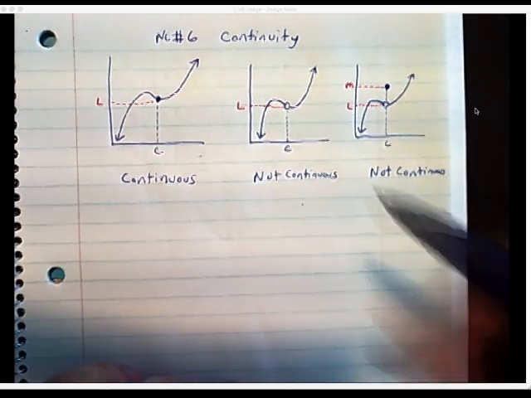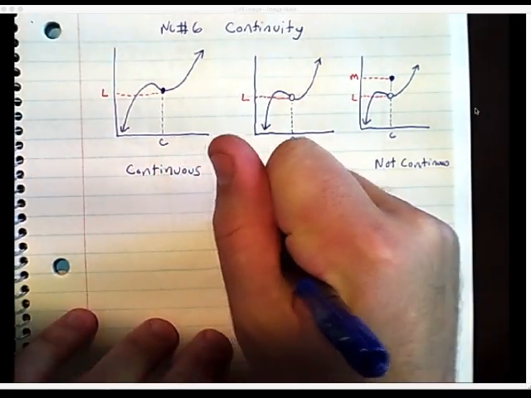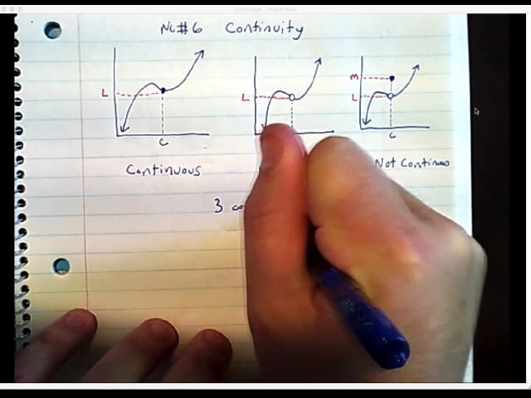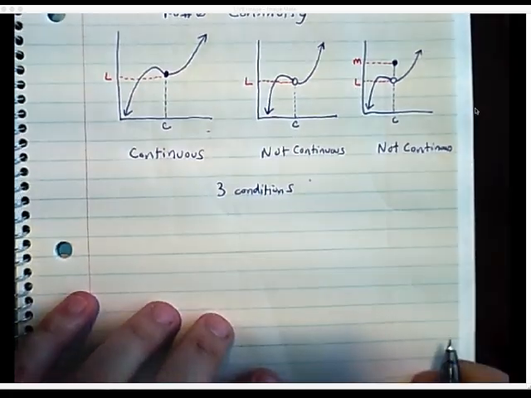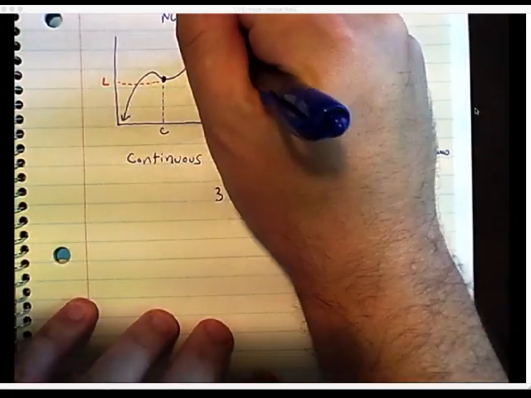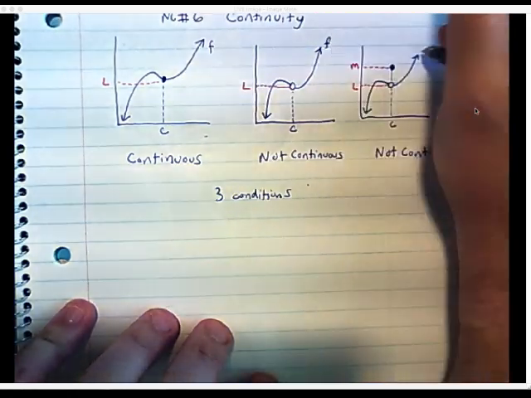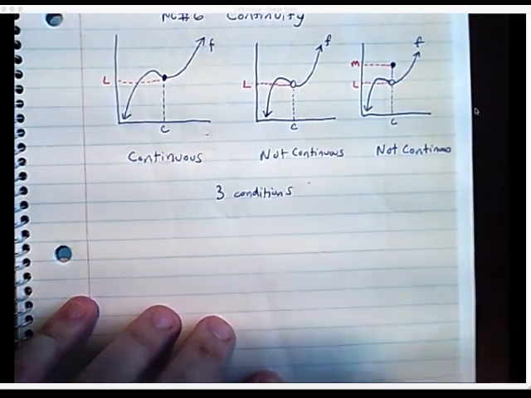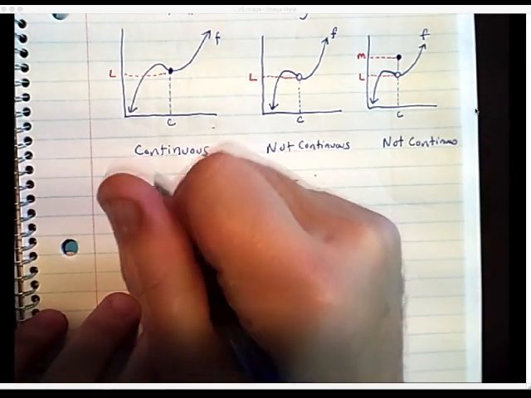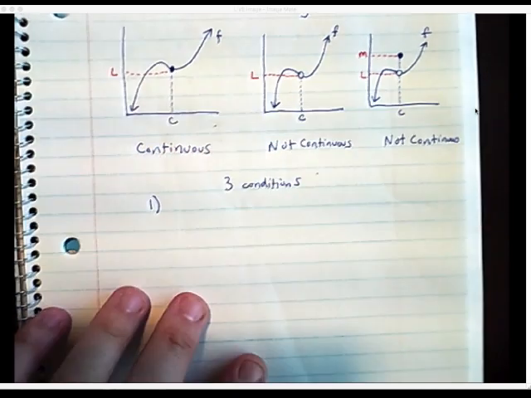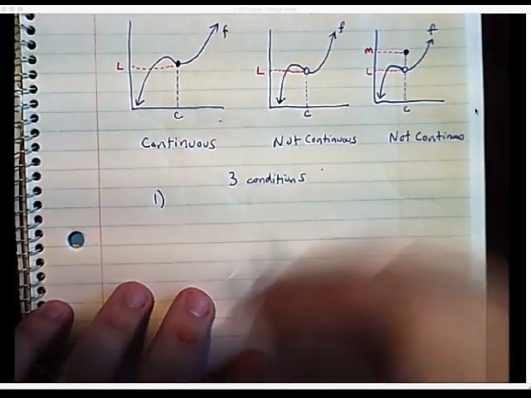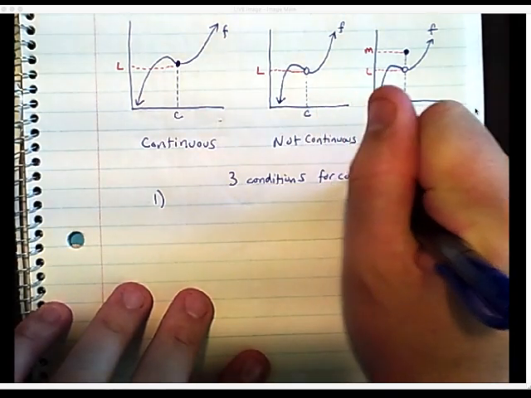There are basically 3 conditions that have to be met for a function to be continuous. Let's call these functions f in each case. For a function to be continuous, these 3 conditions have to be met.